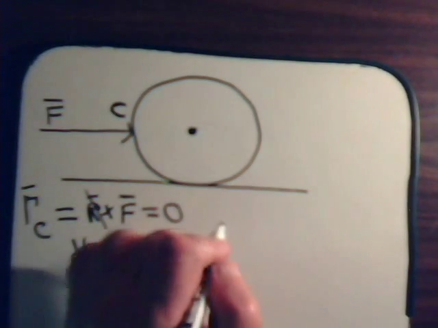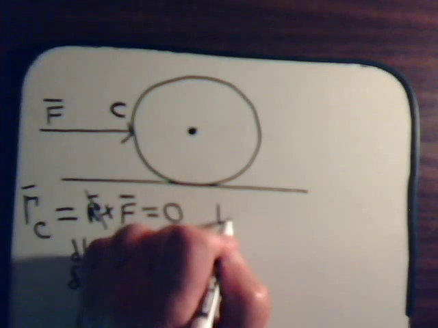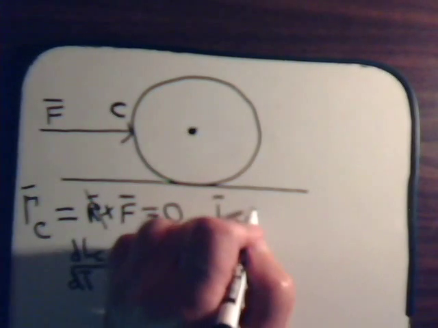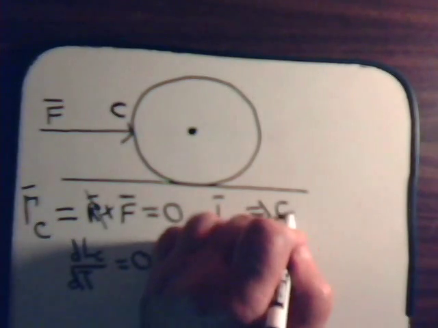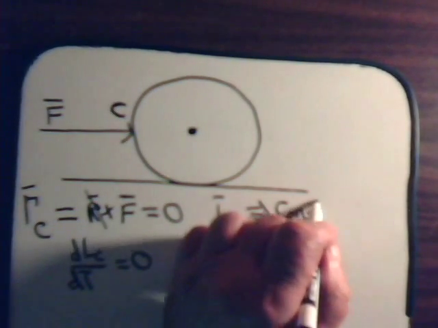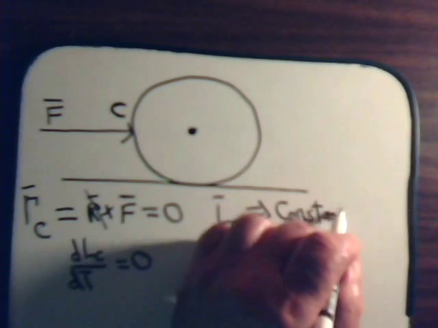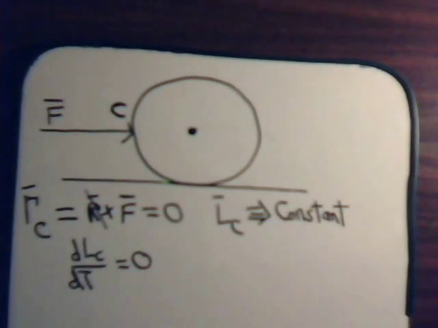That means then that the angular momentum about point C is a constant, so it is conserved. So, what happens if we consider the angular momentum about point C?